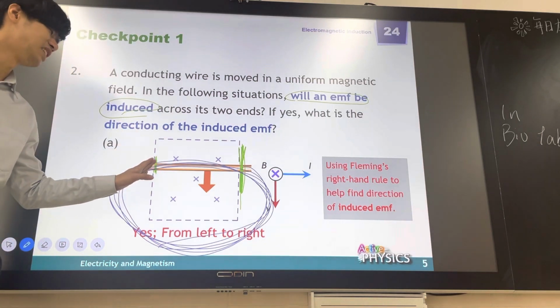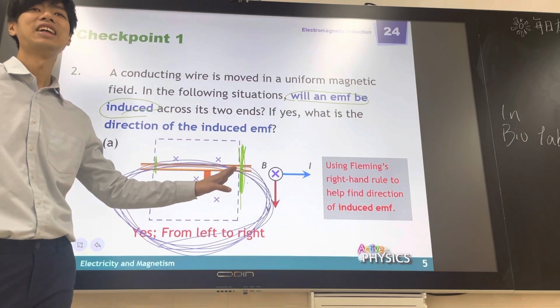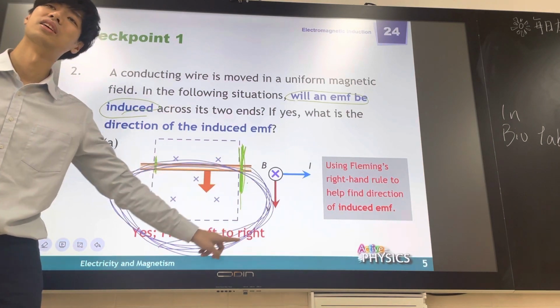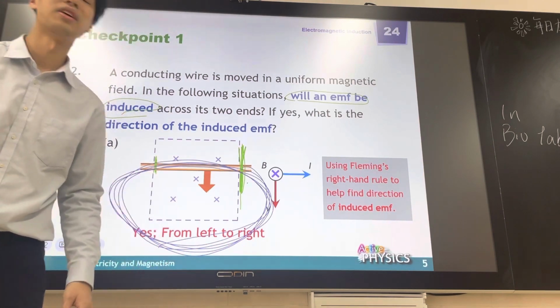因為啲 current 喺左邊流入去，係咪？但係如果你當呢一粒嘢係 battery 嘅話，啲 current 最後就會喺度流出嚟咯。So the current will be flowing out from the right hand end.